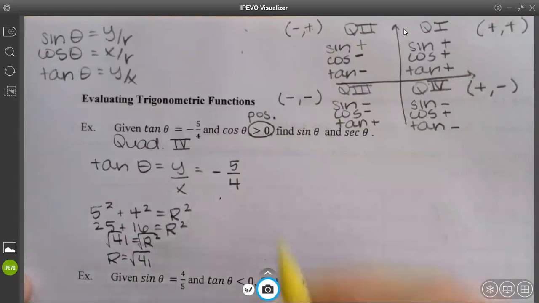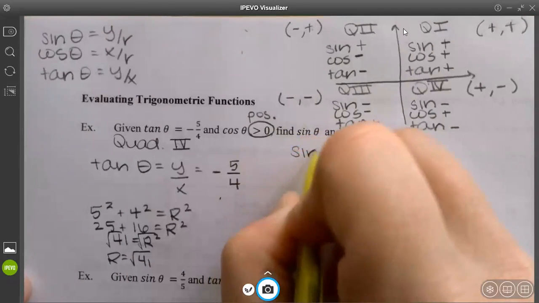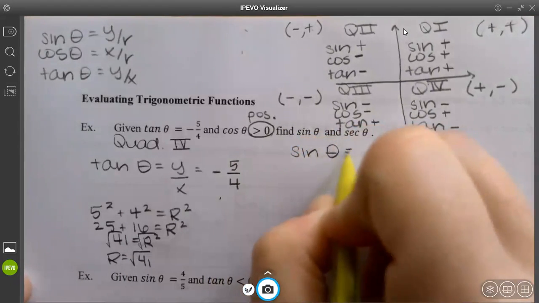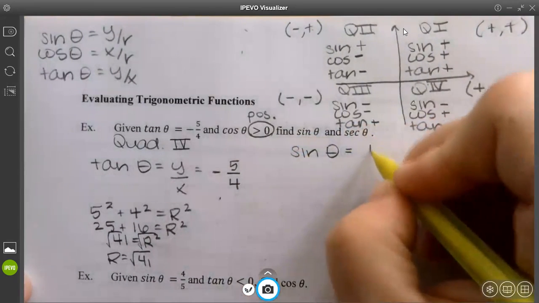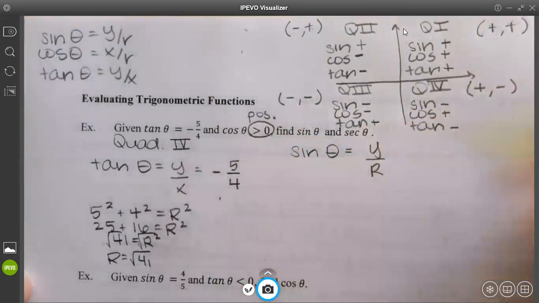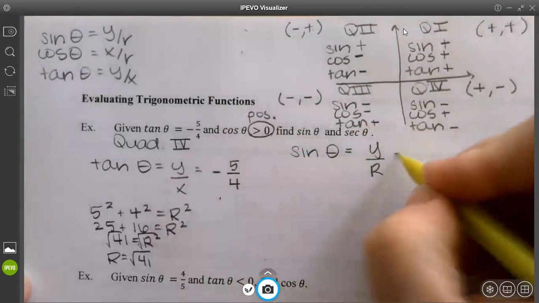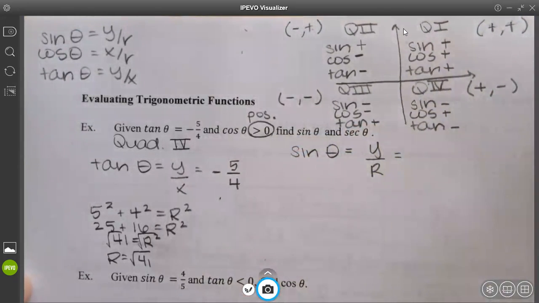It wants to know sine of theta. Sine is what ratio? But we were in what quadrant? So sine should be what? Negative. So that's the reason that you have to figure out what your quadrant is, to figure out which one the negative goes with. Does it go with the 5 or does it go with the 4? It doesn't matter if you know all this.